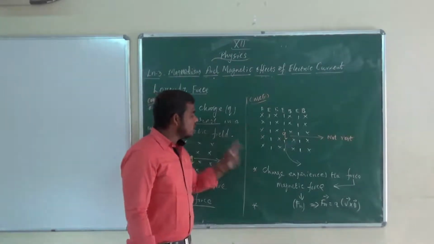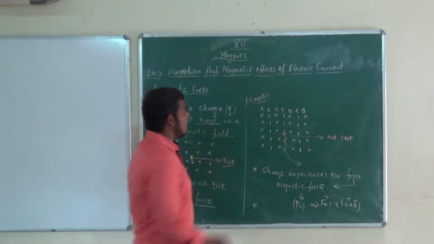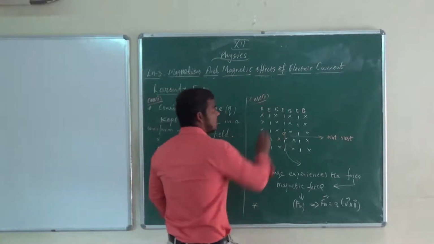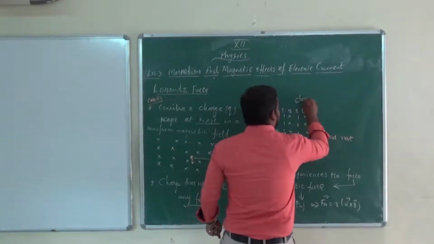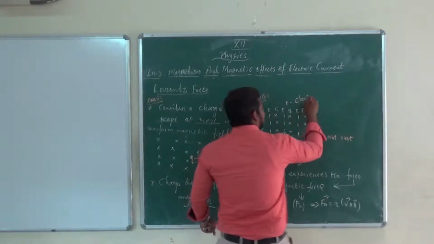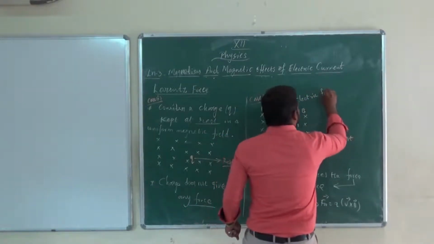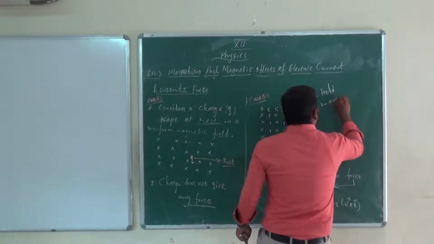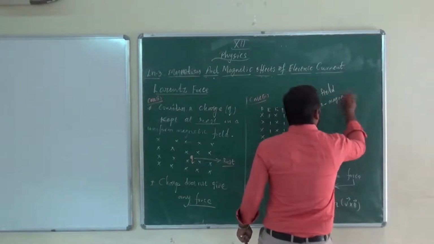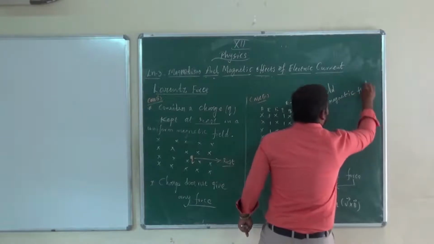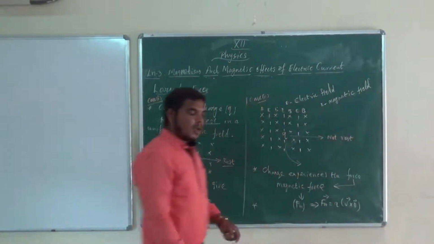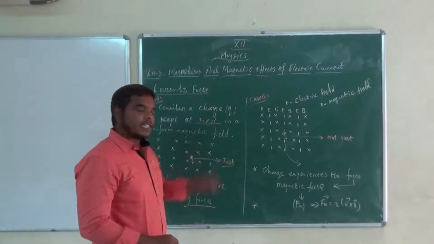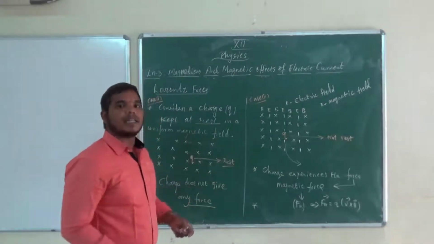Suppose the charge is kept in both the electric and the magnetic field. E represents the electric field and B represents the magnetic field. Don't get confused. The charge experiences the magnetic force.